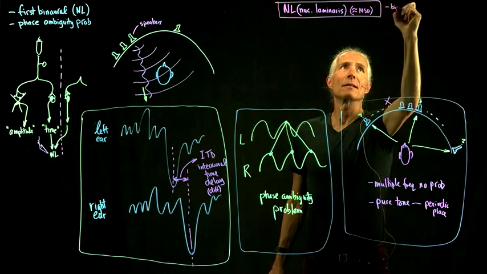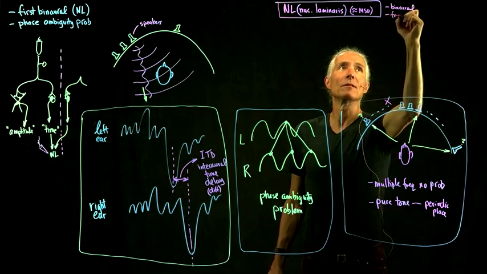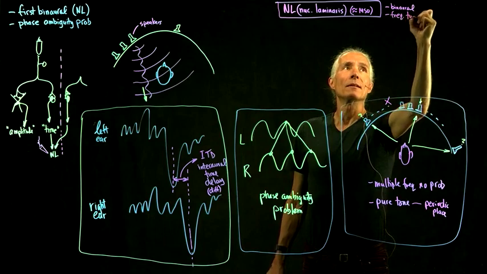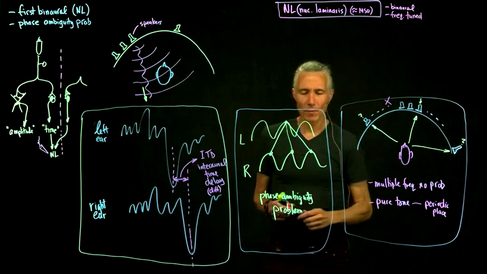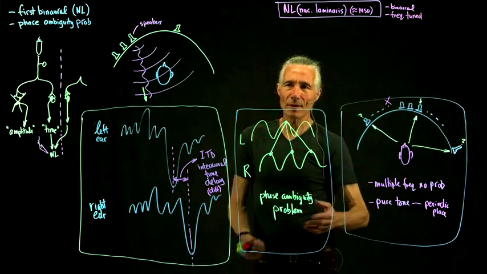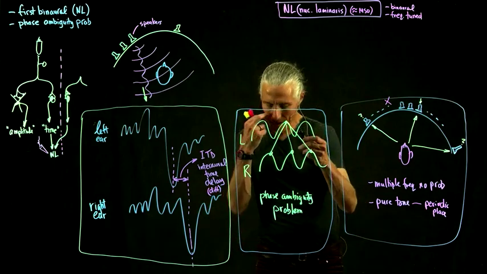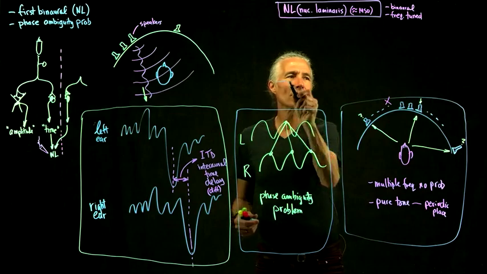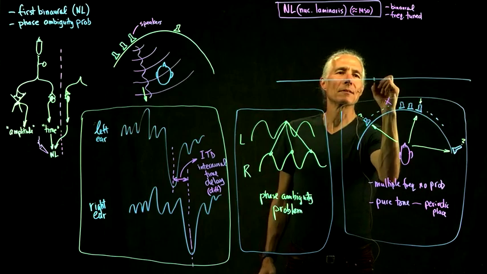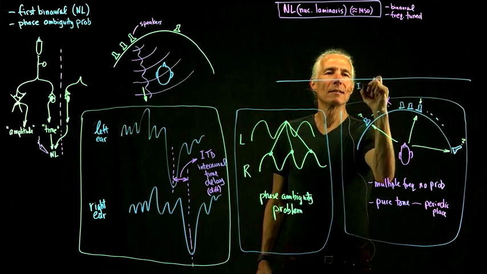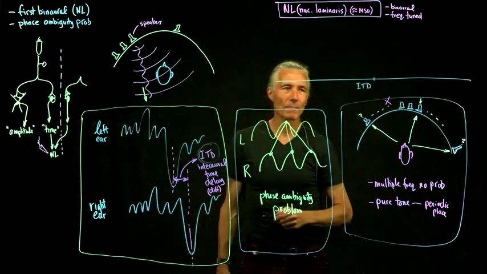That means that it gets input from the left and the right, but it's still frequency tuned. It has a map of different frequencies in it, and so the neurons have to respond to a particular frequency. If you don't play them the right frequency, they'll just ignore it. So if we plot the interaural time difference along this axis, say here's 0 here, this is ITD, interaural time difference.